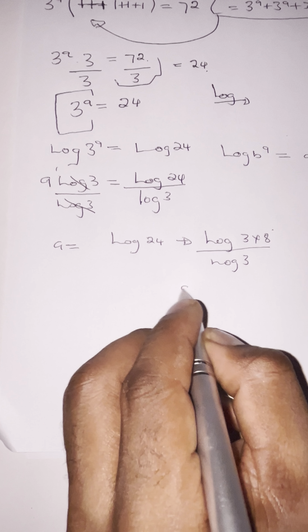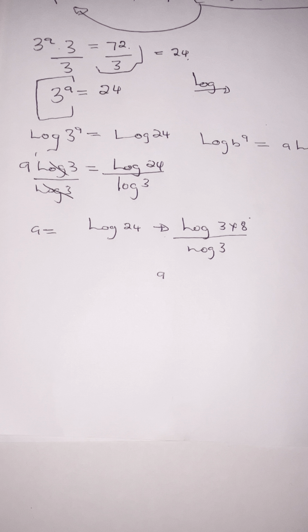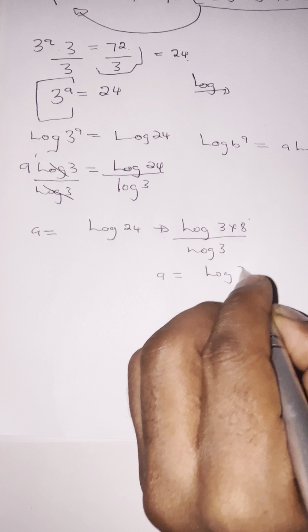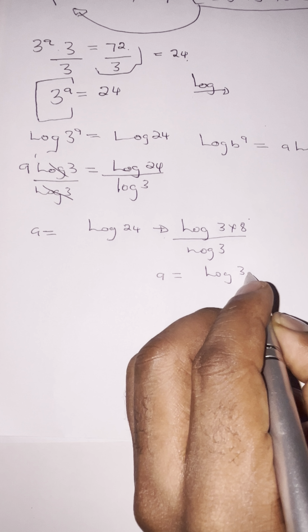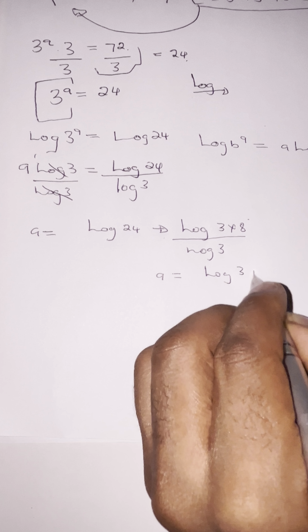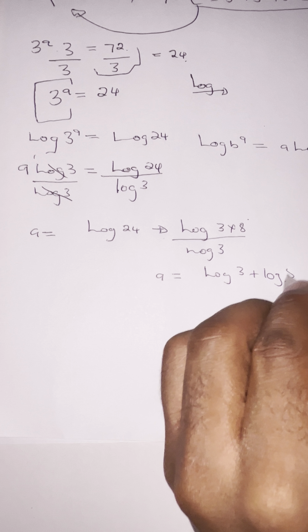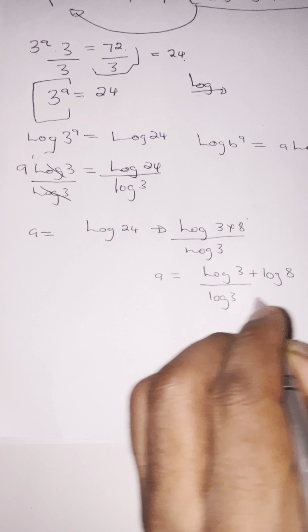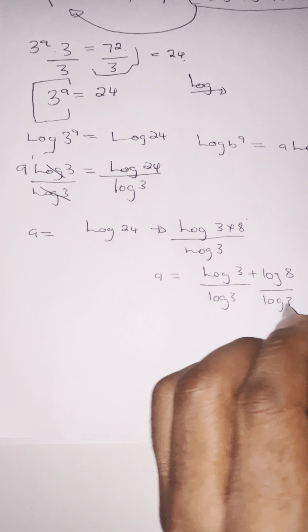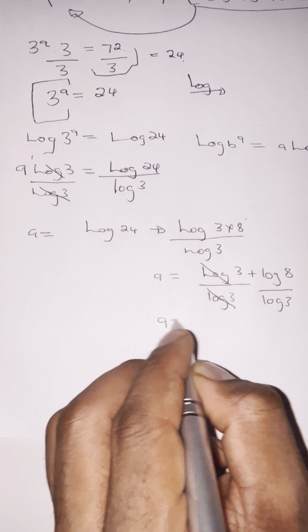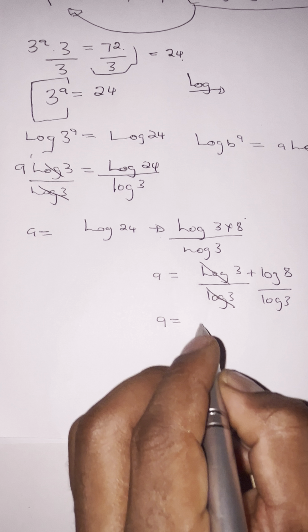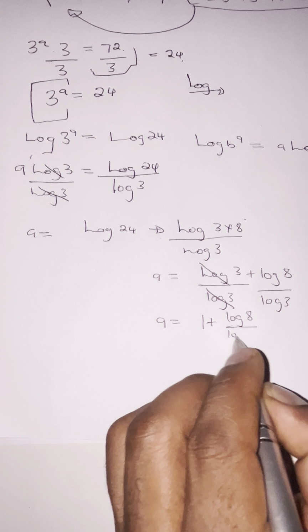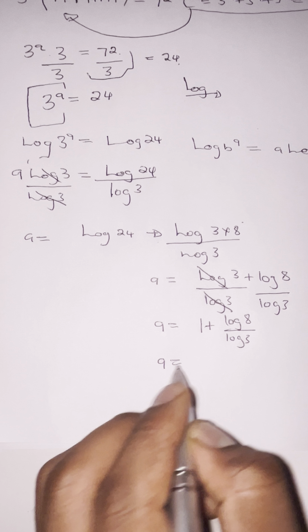In this manner, we say a is equal to log 3 plus log 8, divided by log 3. Cancel this. a is equal to 1 plus log 8 over log 3.